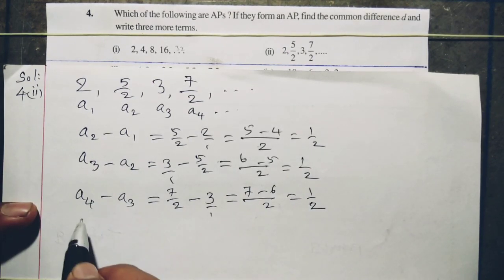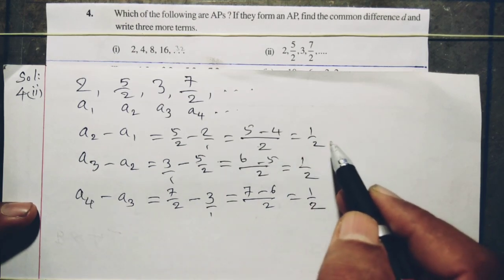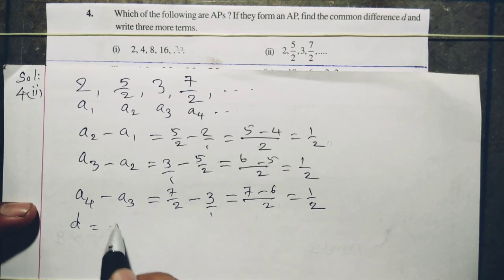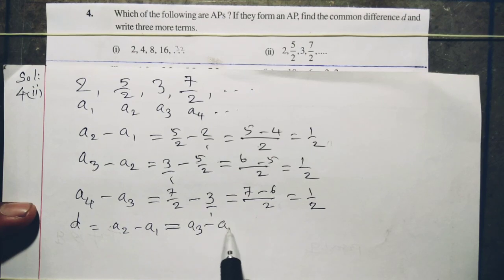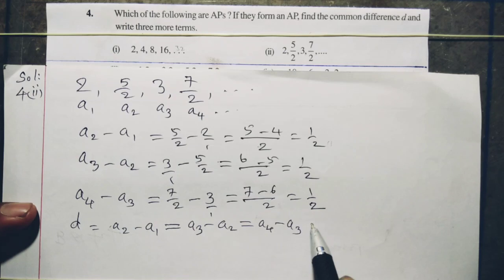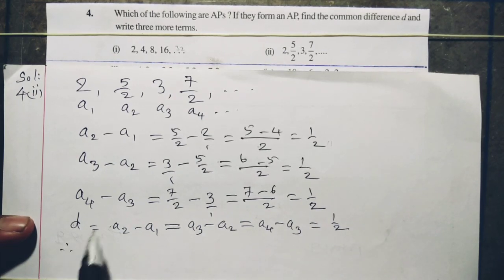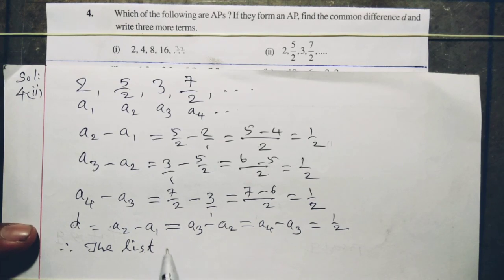Therefore, the common difference D is equal in all the cases. D is equal to A2 minus A1 is equal to A3 minus A2 is equal to A4 minus A3 is equal to 1 by 2. Therefore, the given list forms an AP.